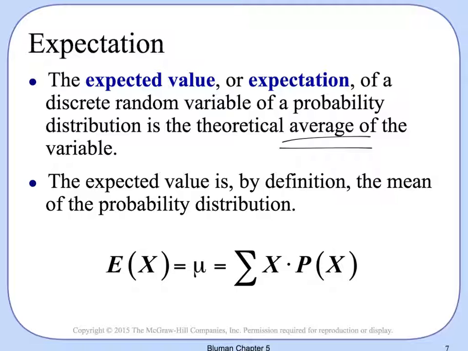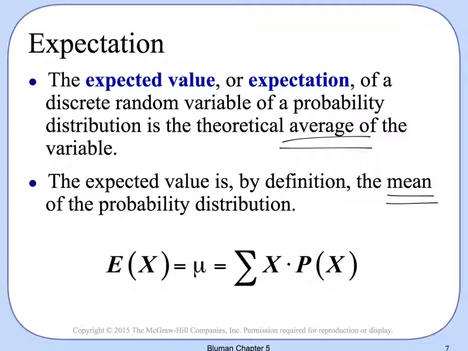The expected value is the mean. Right here it says E of x. That's another way of saying expectation. You won't see that notation really at all, but that's the same as the mean, which is the same as doing all of this. Now this looks like a lot of mumbo jumbo, but it's saying you're going to add up all of the x's times their probabilities.